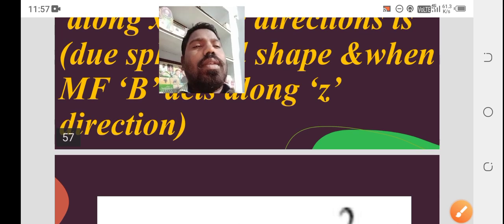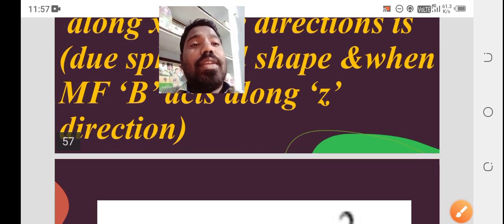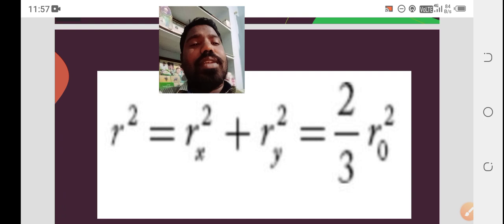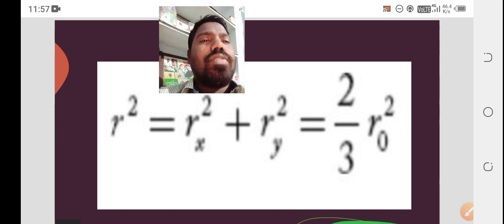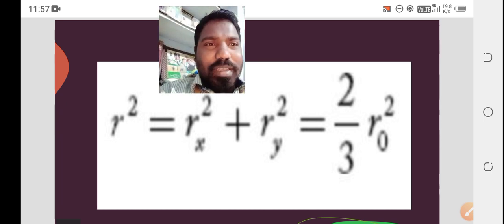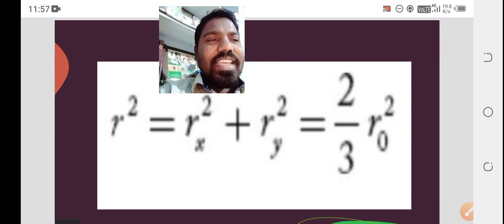So here, when the magnetic field B acts along the z direction, r square equals Rx square plus Ry square, which is equal to 2 by 3 into R naught square.